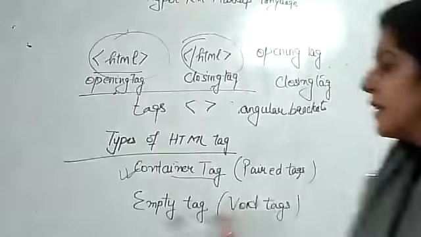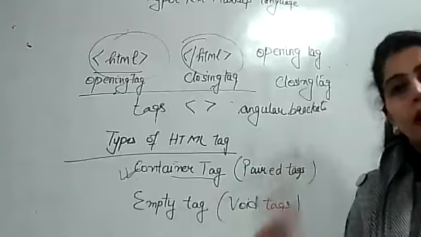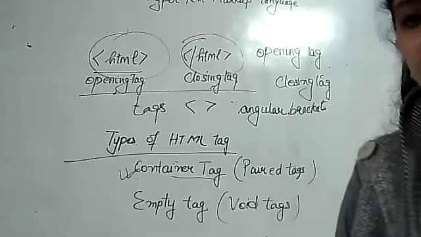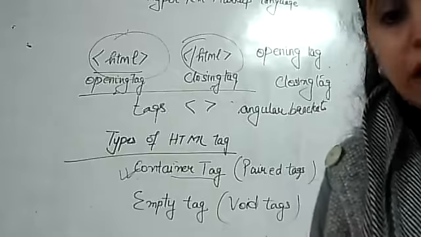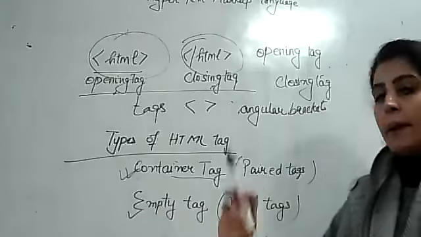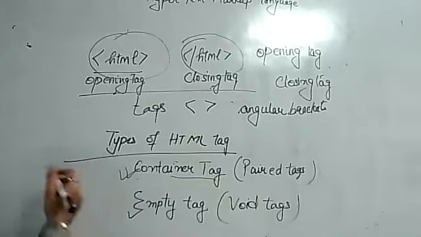All right. And the tags which are having only opening tag but not closing tag, जिन टैग्स के अंदर सिर्फ ओपनिंग टैग ही होगा, क्लोजिंग टैग नहीं होगा, हम उनको बोलेंगे एम्प्टी टैग्स. फॉर एग्जांपल यहाँ पे मैं सिंपल से एग्जांपल ले रही हूँ.